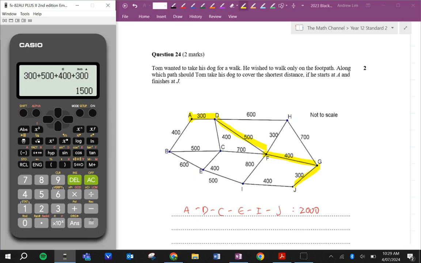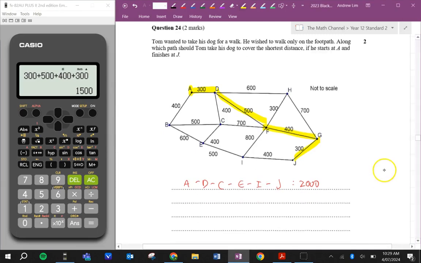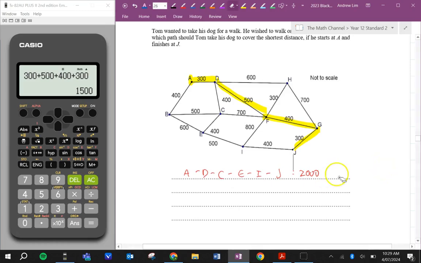That's probably the shortest one, just by eyeballing it. So I reckon I'll go A to D to F to G to J, because that's 1500.